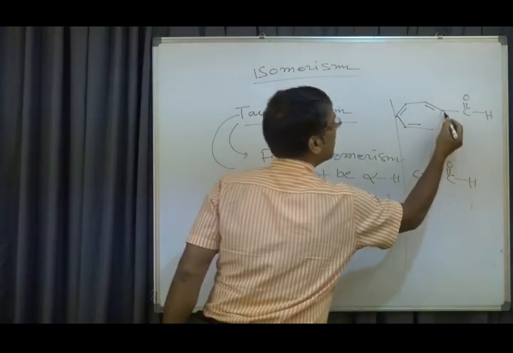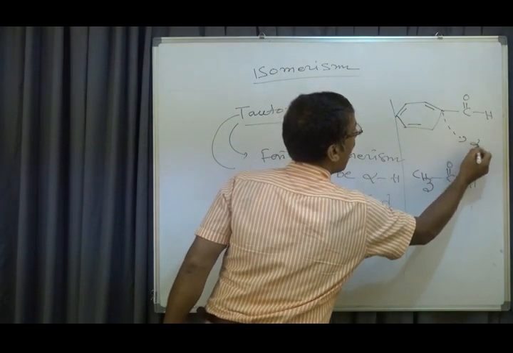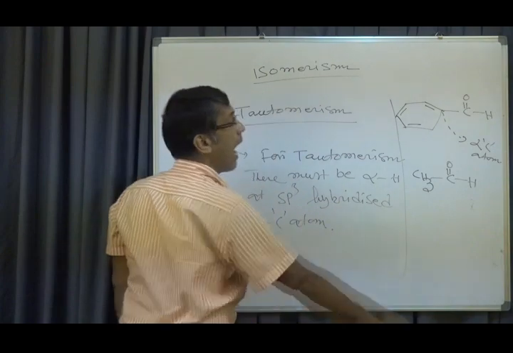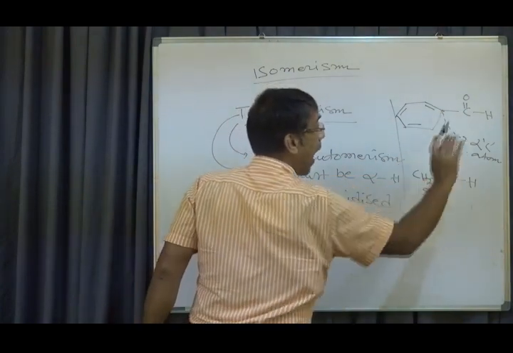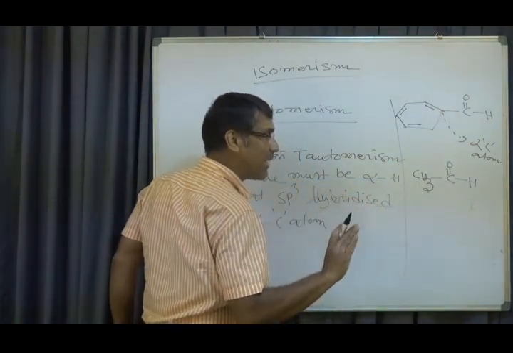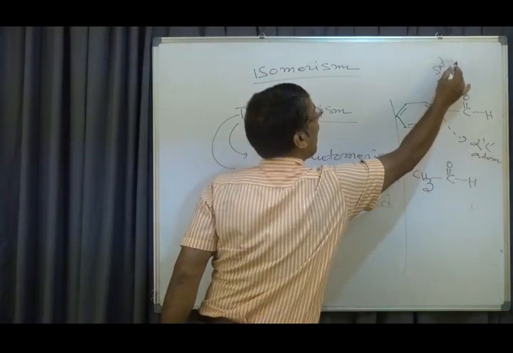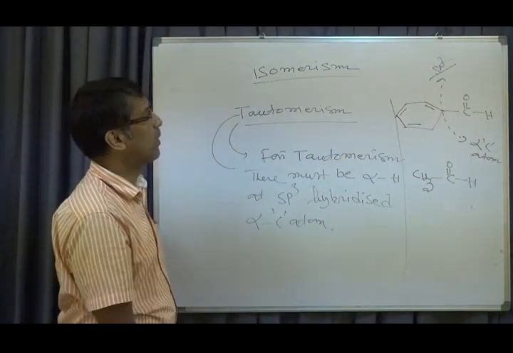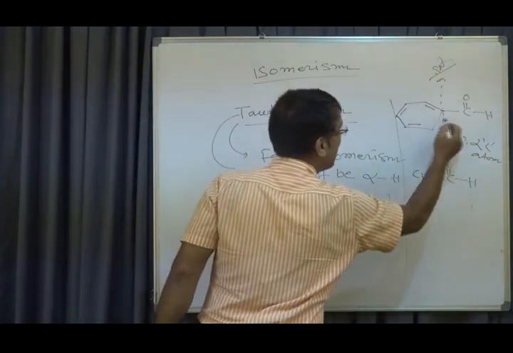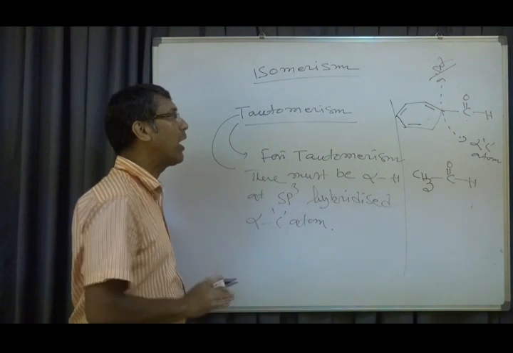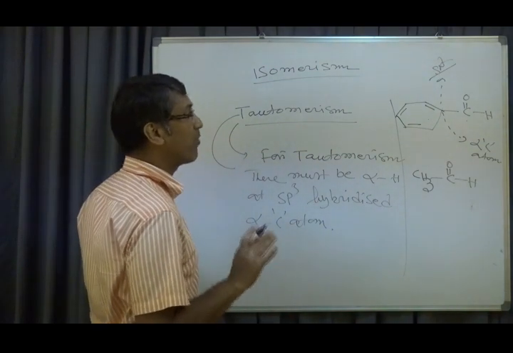In benzaldehyde, it is the alpha carbon atom and there is no alpha hydrogen, as well as the carbon is sp2 hybridized. So benzaldehyde does not show tautomerism, it cannot form a tautomer.